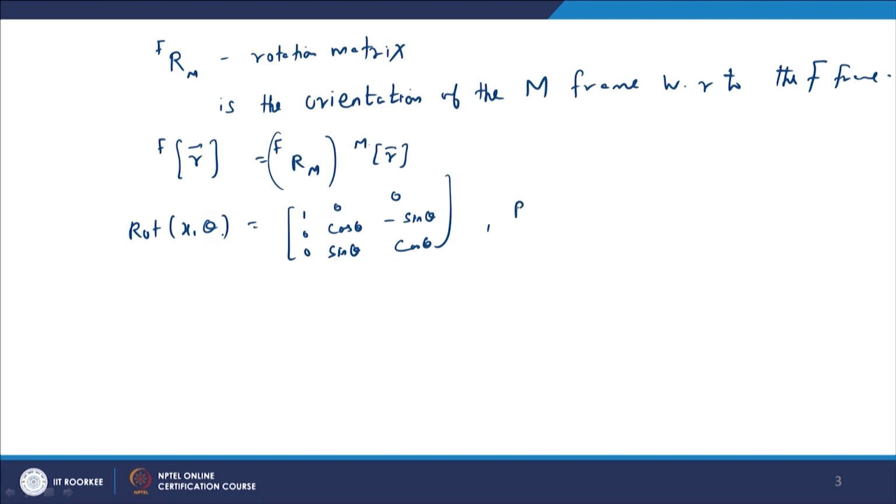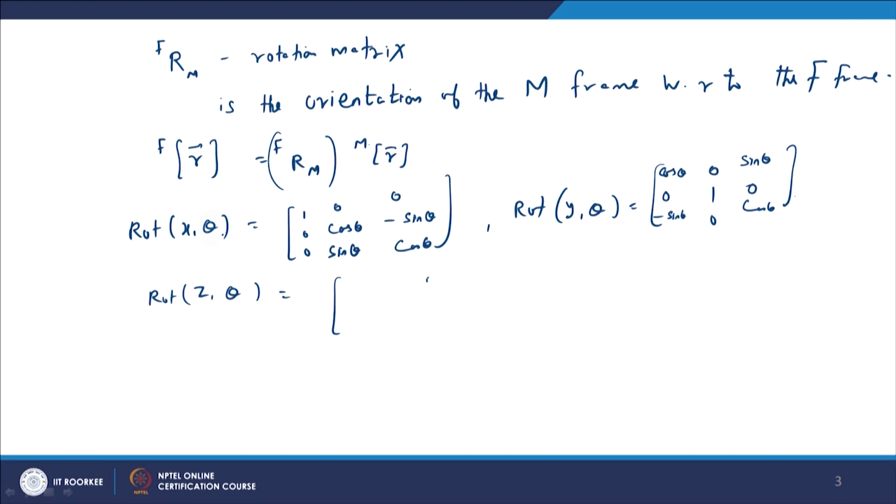Similarly the rotation matrix about the y axis by an angle theta can be written as (0 1 0), and it is cos theta, minus sin theta cos theta, and the rotation about the z axis by an angle theta is given by 0 0 1 and cos theta.